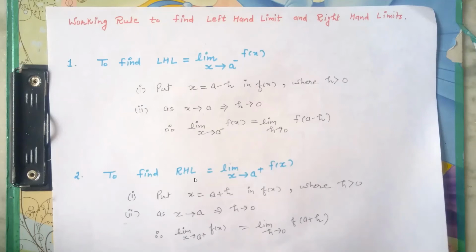Similarly, for the right hand limit, we take limit x approaches a of f of x. Here, in place of x equal to a minus h, we move towards the right side. Here we moved from the left side, here we are moving from the right side. So a plus h, something extra added to a, whereas this was something subtracted from a.